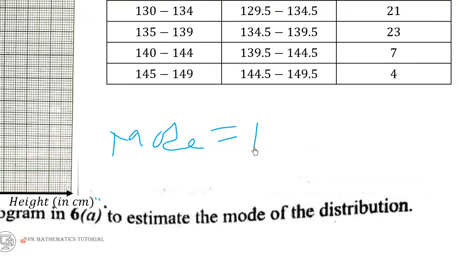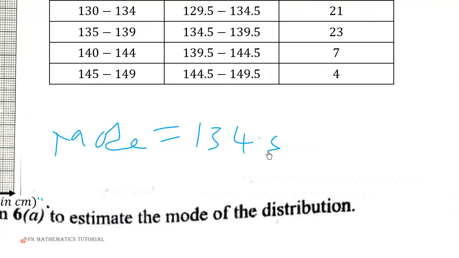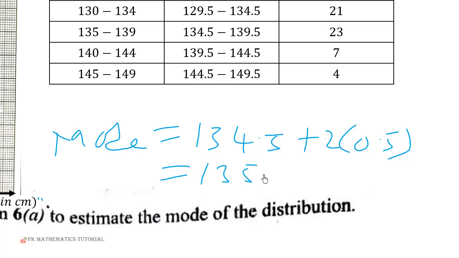So the mode will be equal to 134.5 plus 2 boxes times 0.5, and that will give us 135.5 centimeters. That is the modal height.